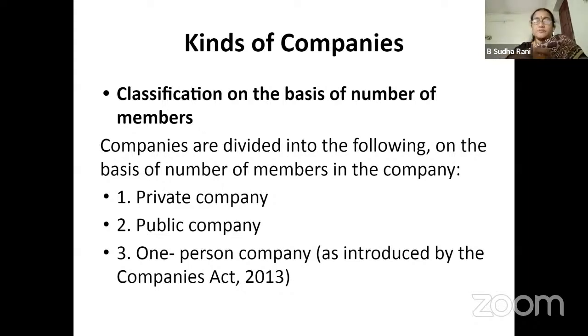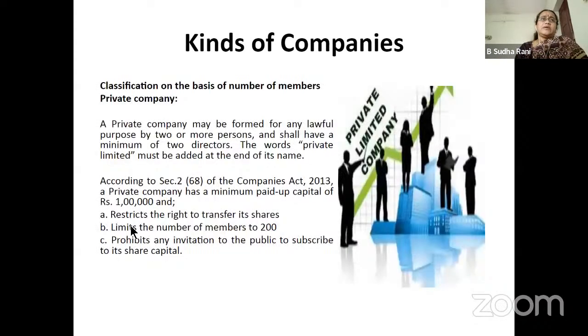The next one is public company. What is a public limited company and a private limited company? Private limited companies are those where the number of members is limited, according to Section 2(68) of the Companies Act 2013.